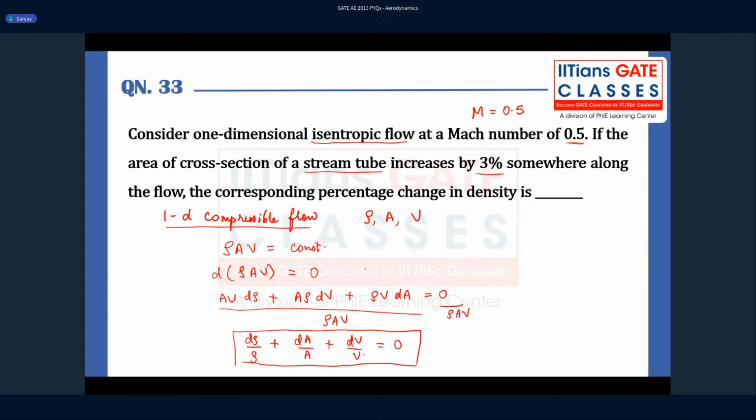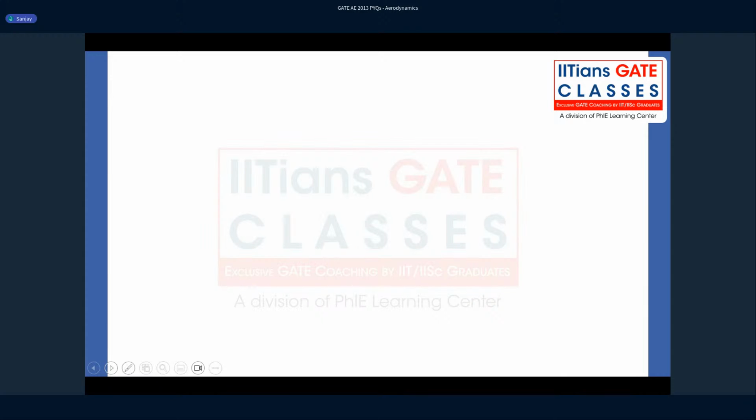So because the Mach number is given to us, we have to now express these quantities rho and A in terms of V, right? So we already know there is a relation called the area velocity relation, the area velocity relation for flow through ducts.